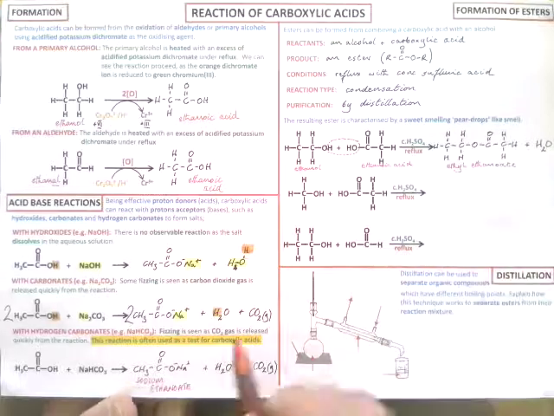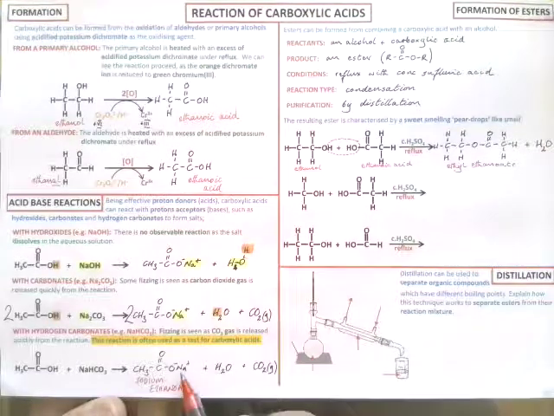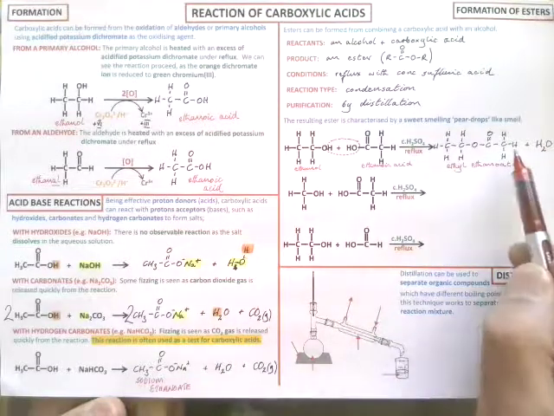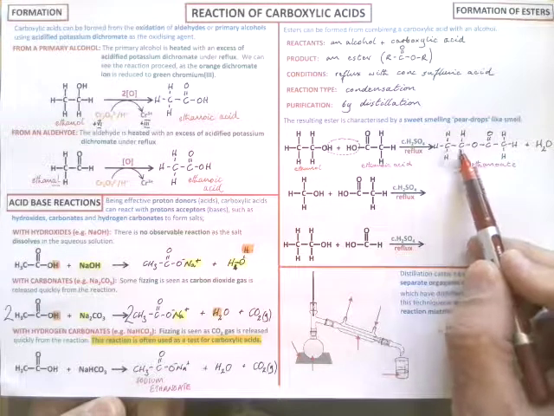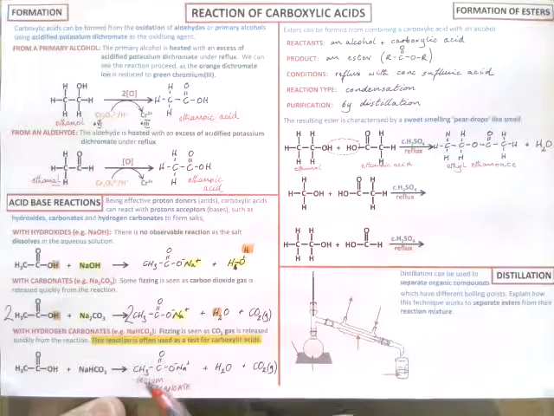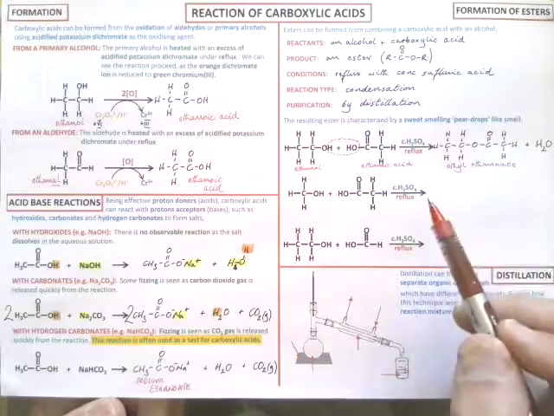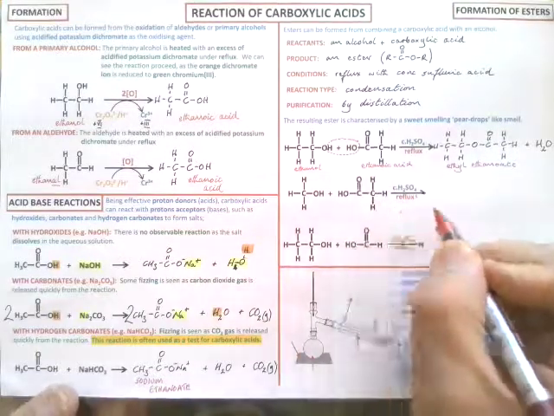Ethyl ethanoate. If you come back to here, you can see how this was sodium ethanoate. Now that ethanoate grouping is there, but here we haven't got sodium, we've got an ethyl group on it. Sodium ethanoate, ethyl ethanoate.